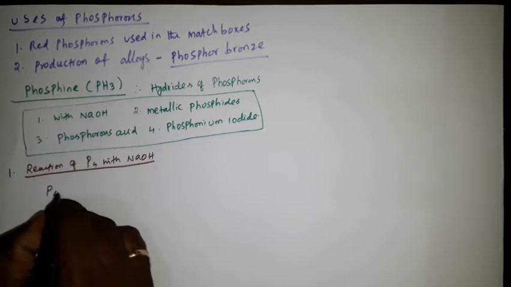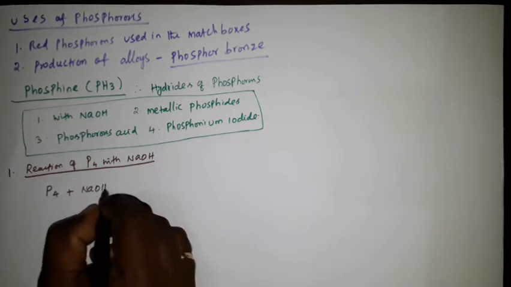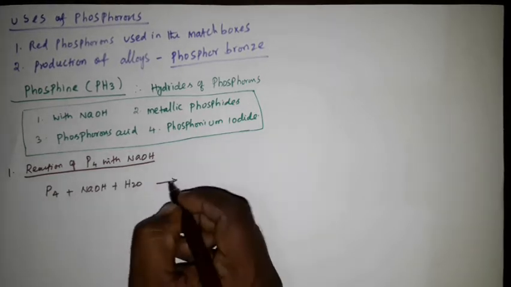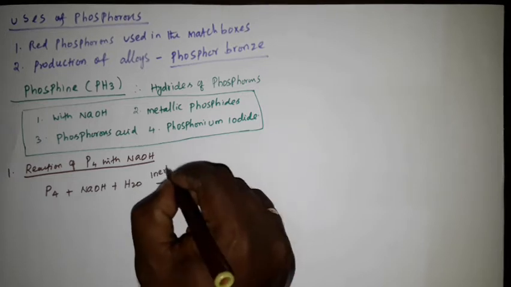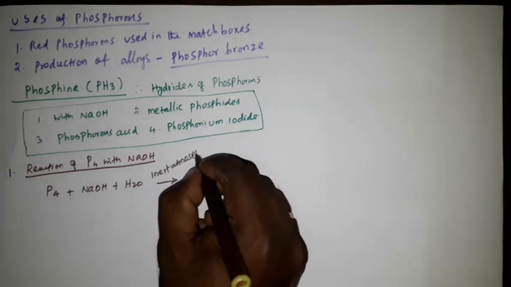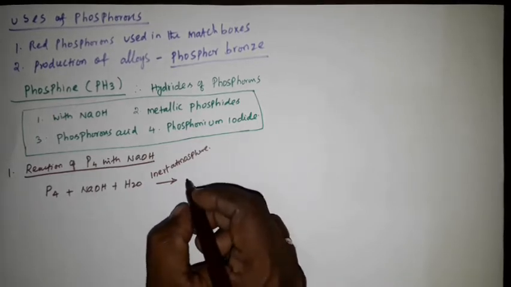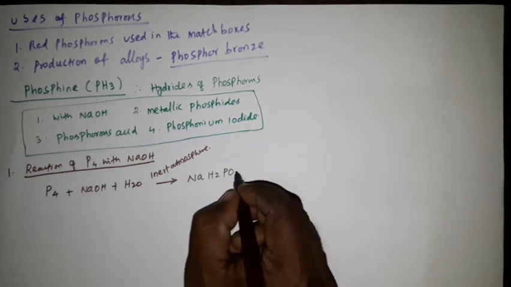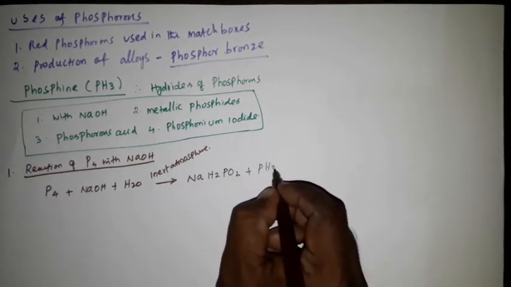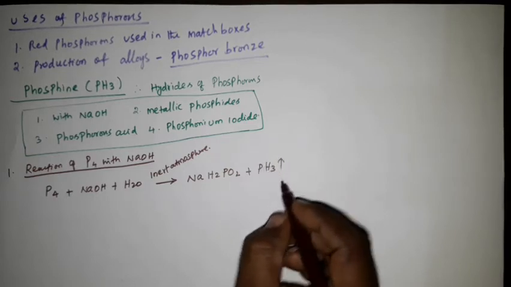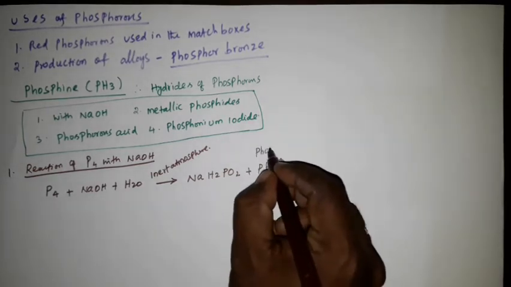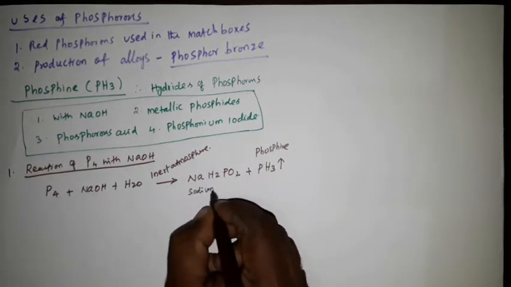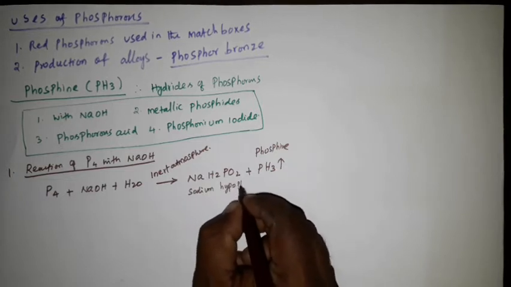So phosphorus P4 plus NaOH, made as a solution with H2O, in an inert atmosphere, gives sodium hypophosphite, NaH2PO2, plus phosphine. This is phosphine, and this is sodium hypophosphite.